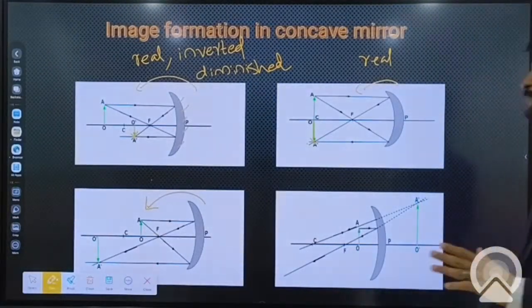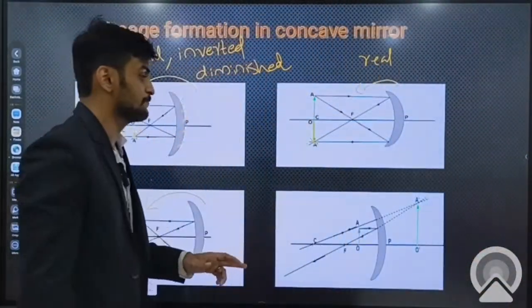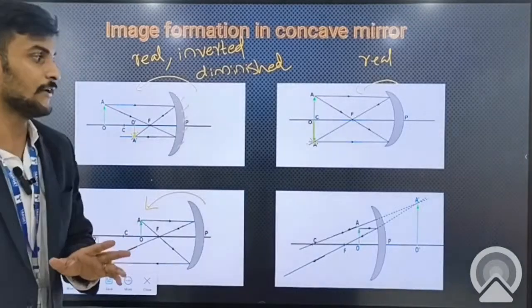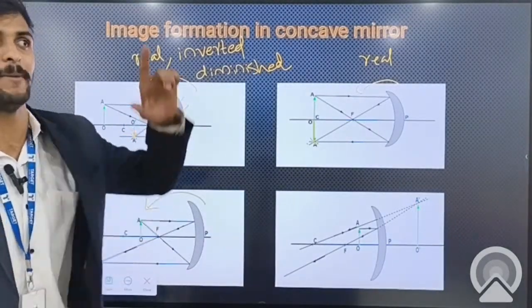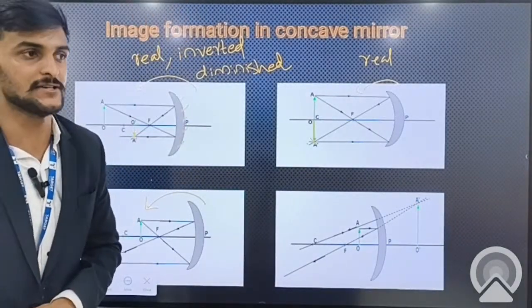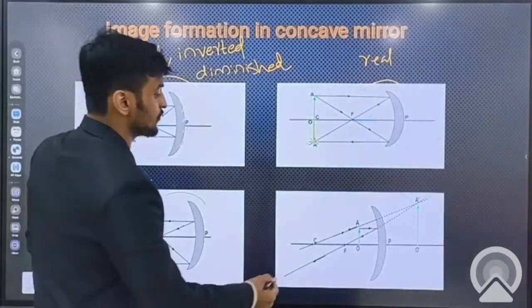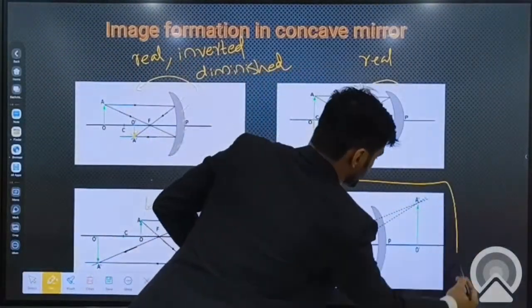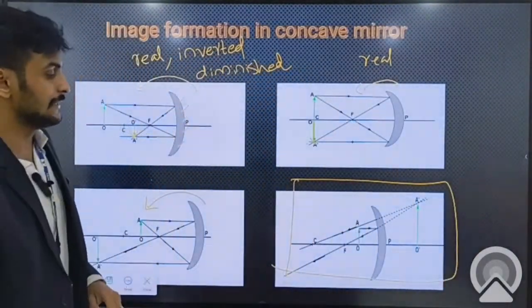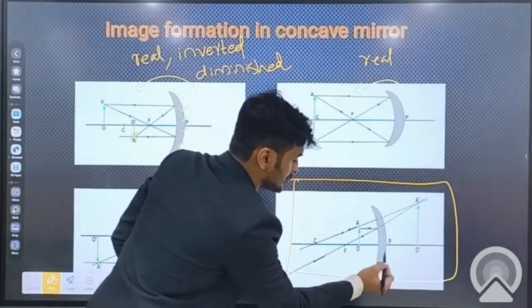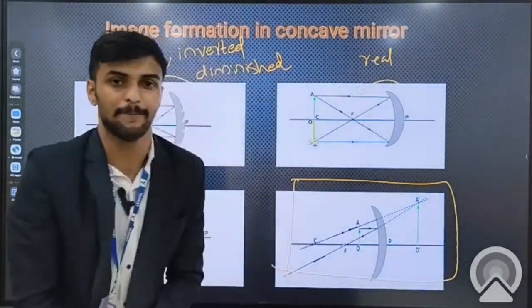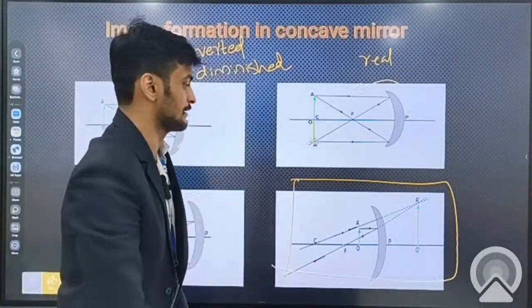And if an object, listen guys, if an object is placed on the focus, the image will be at infinity. And this one is a special case. That is if the object is in between focus and pole.